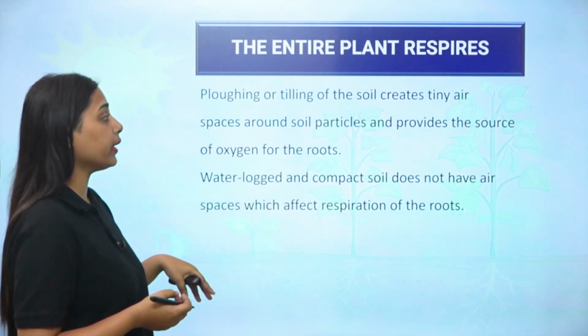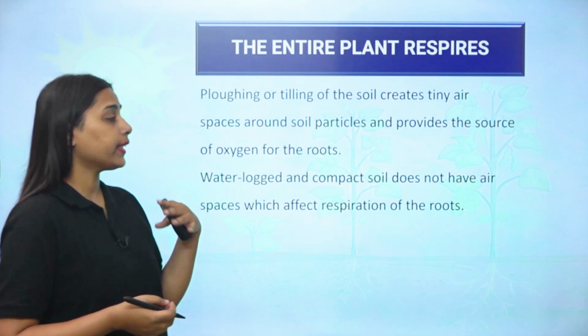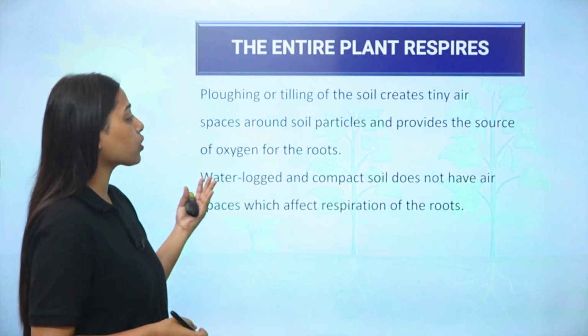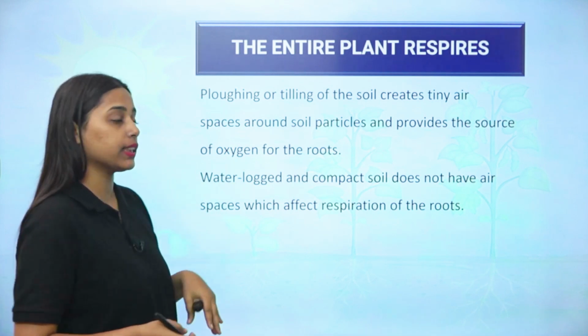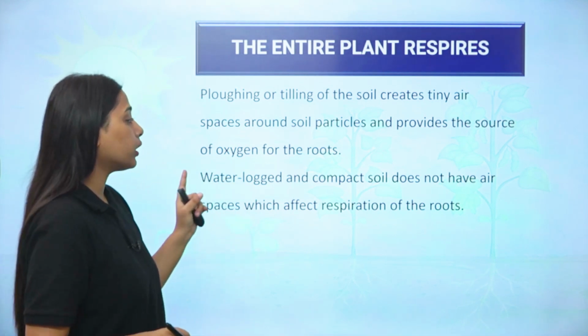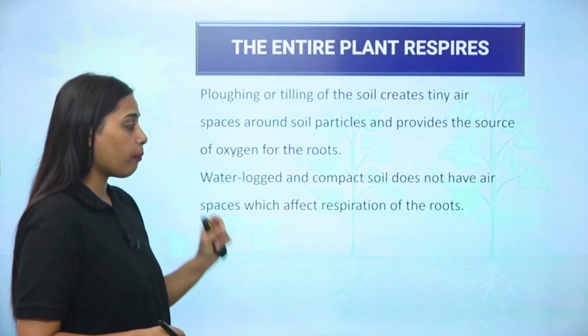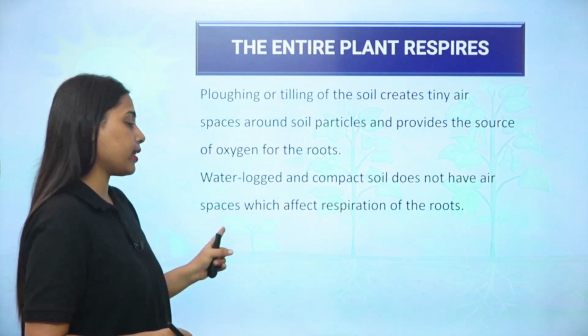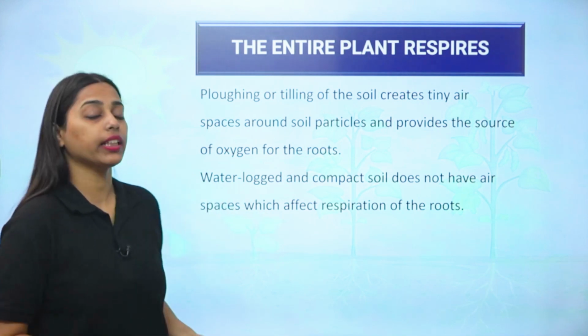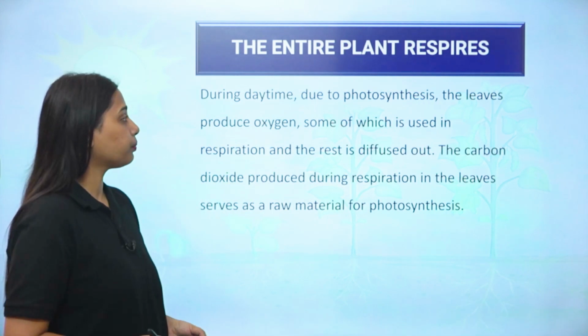And how is it happening? During plowing or tilling, it creates tiny air spaces, agitation happens which causes the movement of air particles, and air particles are nothing but oxygen for the roots. Waterlogged and compact soil doesn't have air spaces, and because of these damp conditions the respiration of roots is affected.